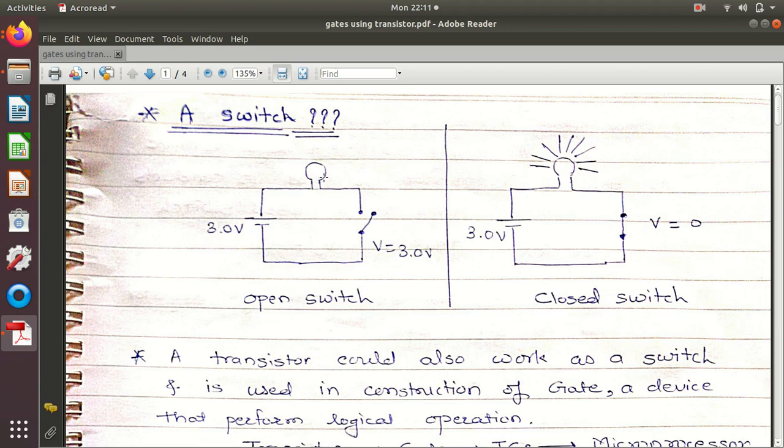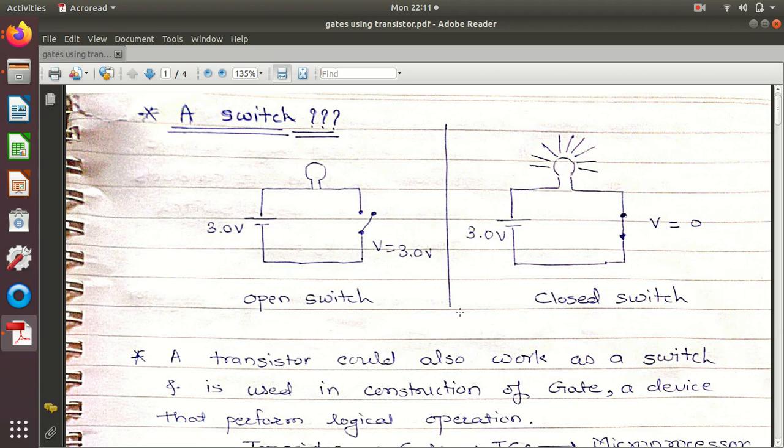It will remain off when the switch is open, and in this condition the voltage across this open switch is equivalent to the voltage supplied by the battery. That means the whole voltage drops across this open switch. No current will flow through the circuit and thus this lamp will not glow.